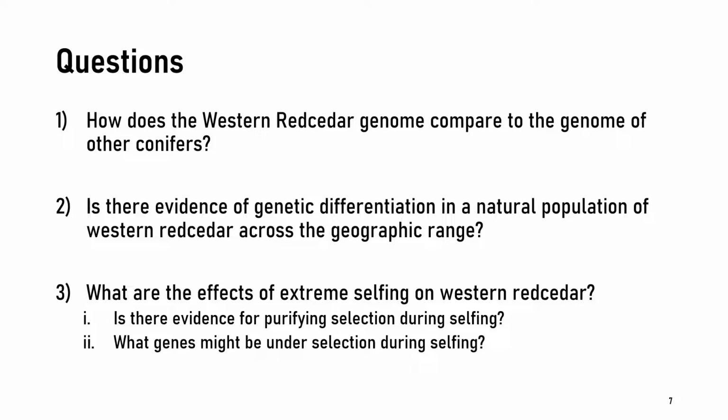And of course, we also wanted to look at the effects of extreme selfing, since we had these really interesting selfing populations. And so we wanted to see how the western red cedar genome compares to the genome of other conifers, whether there's any evidence of genetic differentiation in a population of western red cedar, and what are the effects of extreme selfing. So trying to look a bit deeper into what genes might be under selection, and whether there's evidence of purifying or balancing selection during selfing.